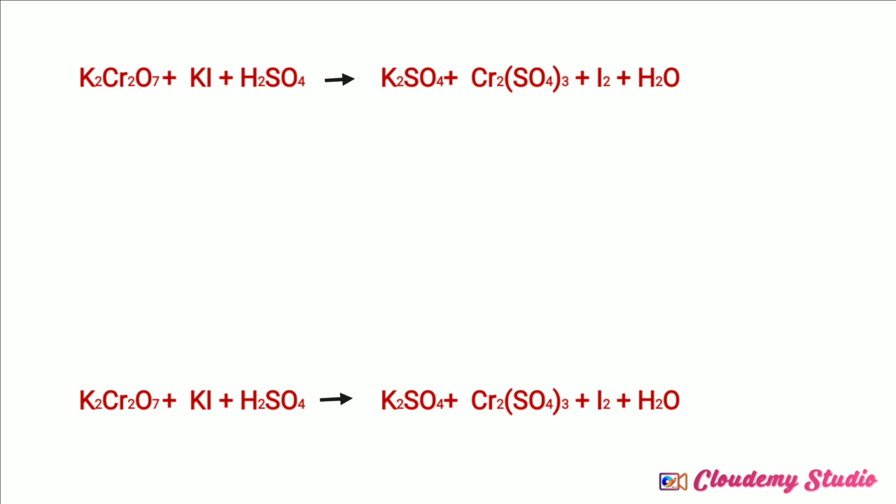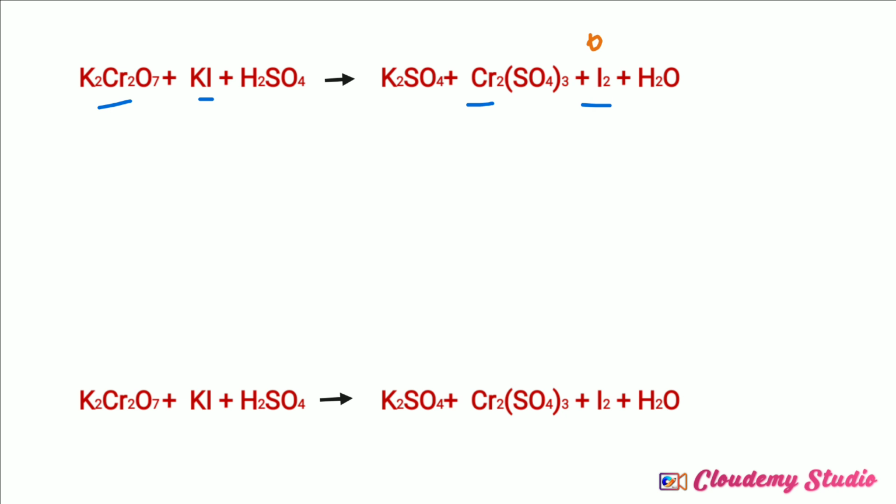Here the oxidation numbers of chromium we need to find, and here iodine, and here also at the product side, chromium and iodine. Iodine at the product side is in the free state, therefore the oxidation number is 0.